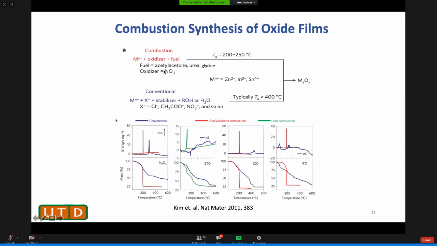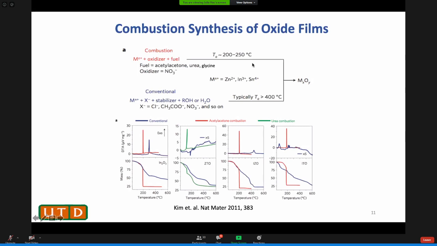And you can reduce the temperature down from 400 C to 200 C to make metal oxide. So this is from Tobin Marks' group, showing the TGA and DTA, where the red ones are with combustion, the blue ones are regular sol gel.